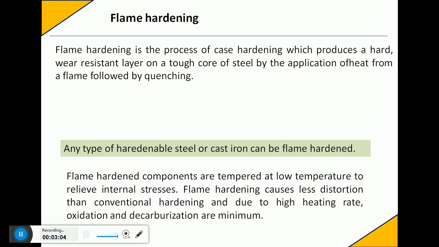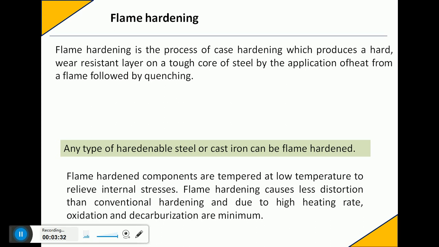Flame hardening is the process of case hardening which produces a hard and wear resistant layer on a tough core of steel by the application of heat from a flame followed by quenching. Here for quenching water is used, and any type of hardenable steel or cast iron can be flame hardened.